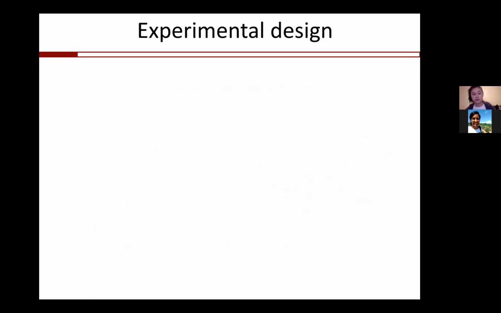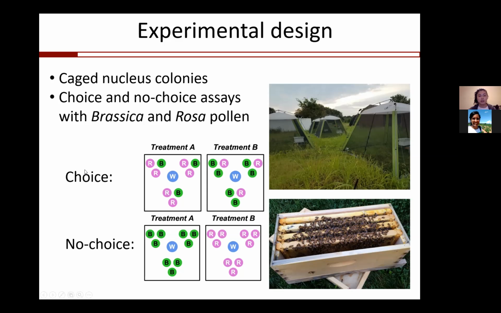These are small honeybee colonies consisting of 4 to 5 frames, and we caged them so that they cannot forage for anything else in the external environment, and we gave them a choice test and a no-choice test. I'm only going to talk about the choice test for the purpose of this talk because of time. We gave them a choice between brassica and rose pollen. Brassica is mustard, and rose is like your wild rose or something in the almond family.